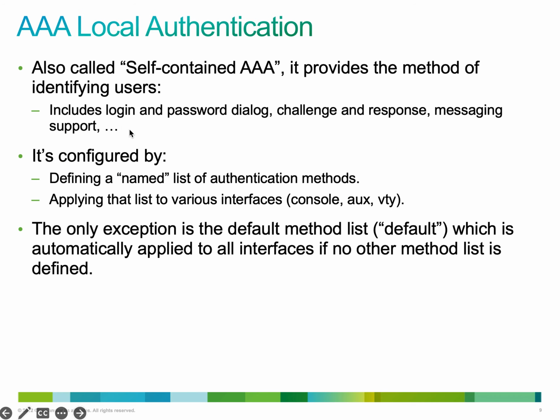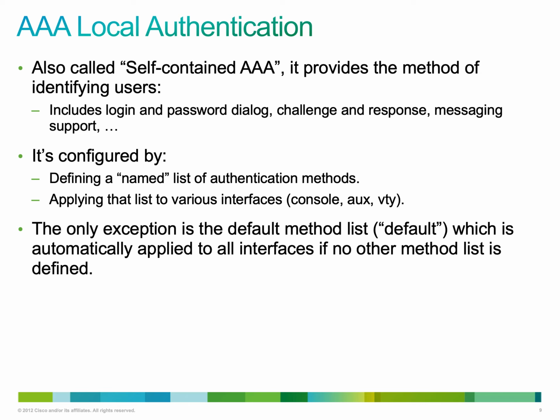It is also called the self-contained AAA, and it provides the method of identifying the user. This method includes the user's login details, their password, dialog, their challenge, the response or feedback that they get, the messaging, the support, whatever technical details go with this.